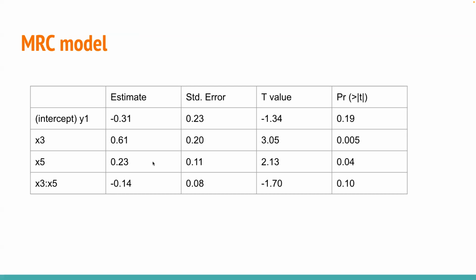So taking a look at X3, the estimates are our B's, and if you divide that by the standard error, you get the t-value. The t-values are ratios of signal to noise, essentially testing if the signal is strong enough to outweigh the noise. And in this case, for both X3 and X5, it is. That's why we're seeing higher t-values and lower p-values.